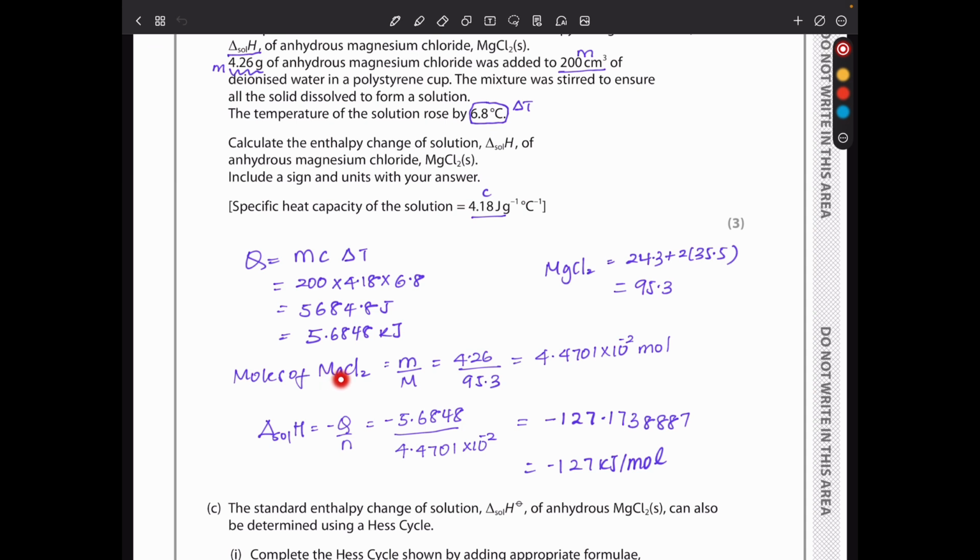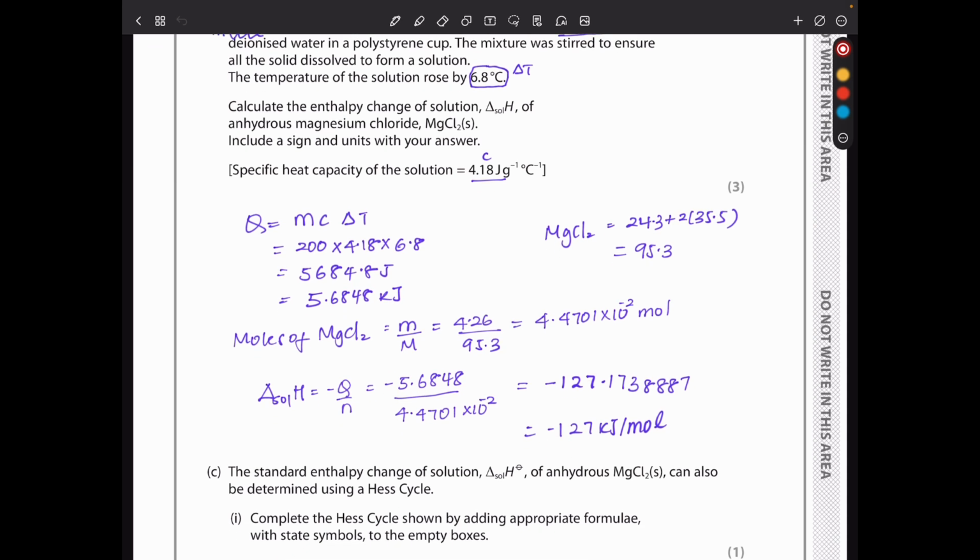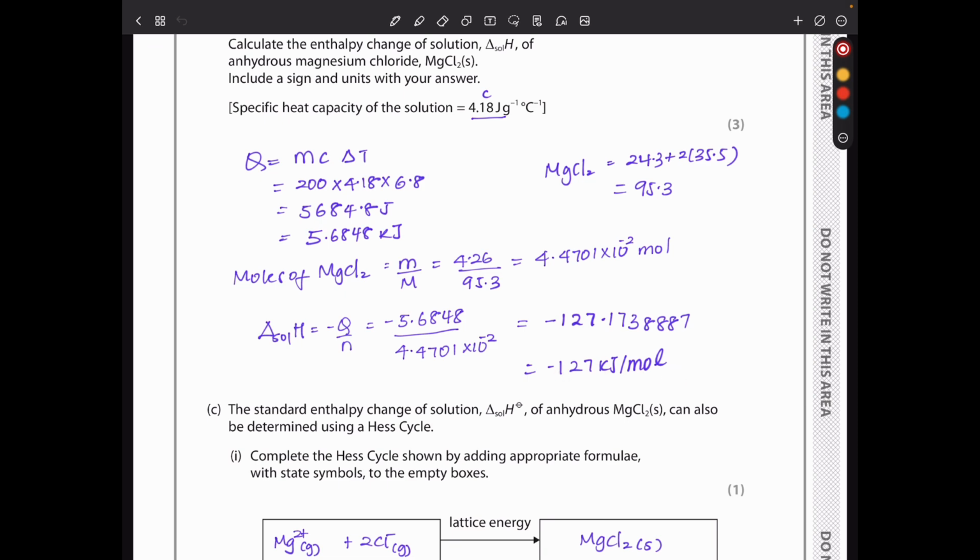And then the moles of magnesium chloride, I use the mass here, divided by the molar mass of magnesium chloride to get the moles, and they give me that. So to calculate ΔH for the solution, it's going to be the Q we have here divided by the number of moles, but this is an exothermic reaction, so we'll put a negative, and I got negative 127 kilojoules per mole after rounding off to 3 significant figures.